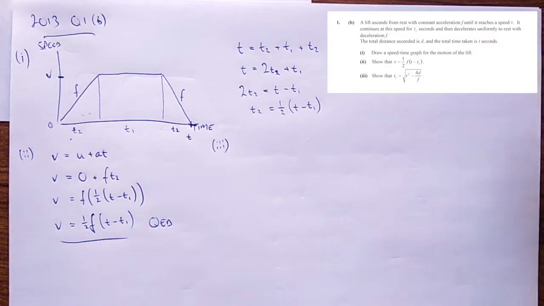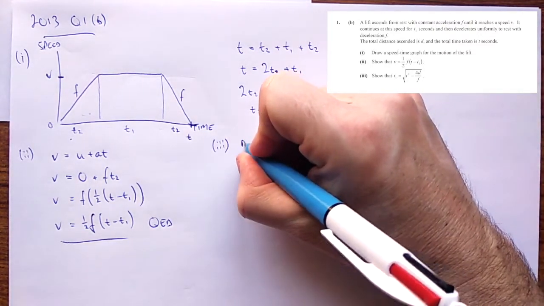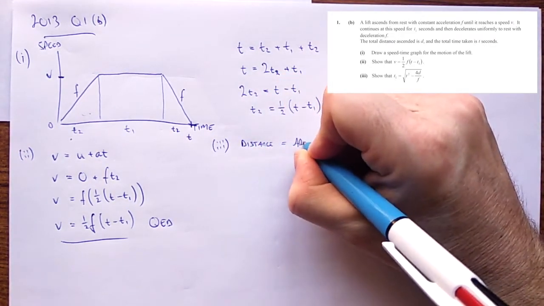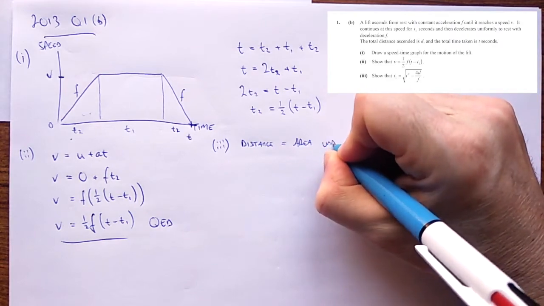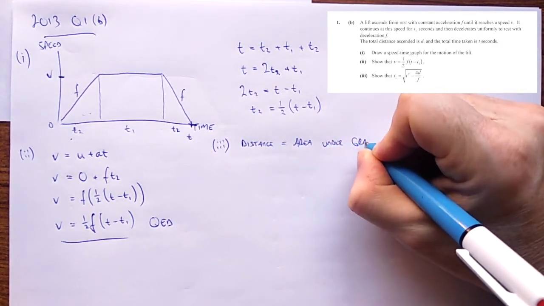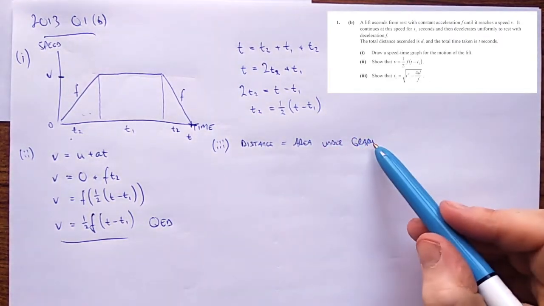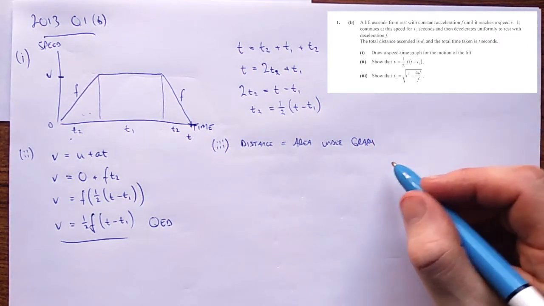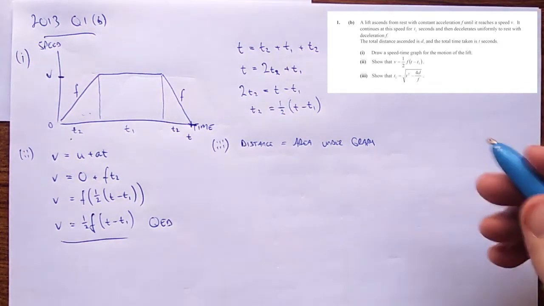Okay, that wasn't in any of the stuff we had before. So how do we bring distance into it? Well, we know that distance is equal to the area under the graph. In a lot of these questions, this is the way to go rather than s equals ut plus a half at squared and so on. So let's see if we get this one to figure out.